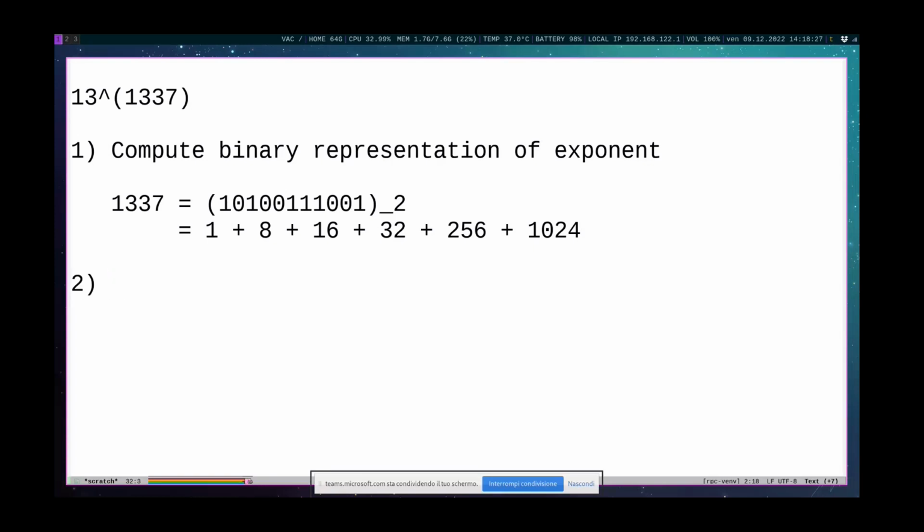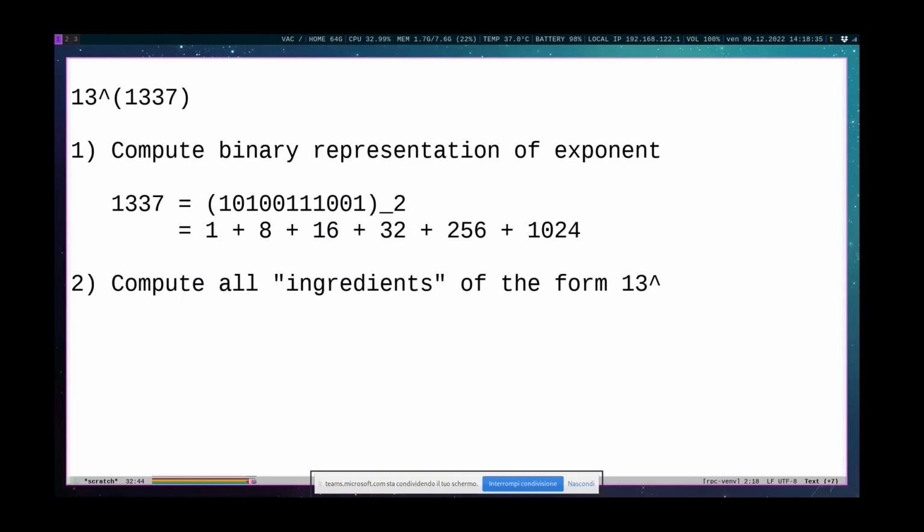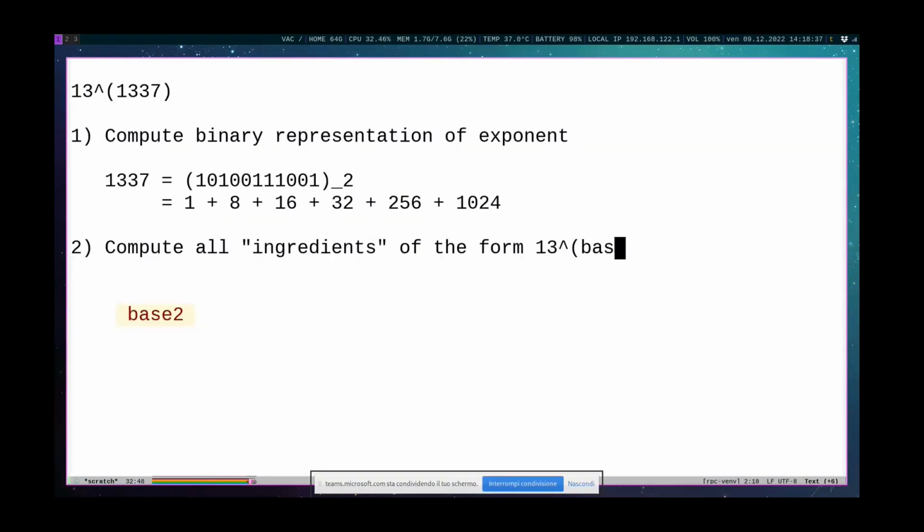The second step is to compute all, let's call them ingredients, of the form 13 to the power of 2 to the i. So all the powers where the power is itself a power of 2.